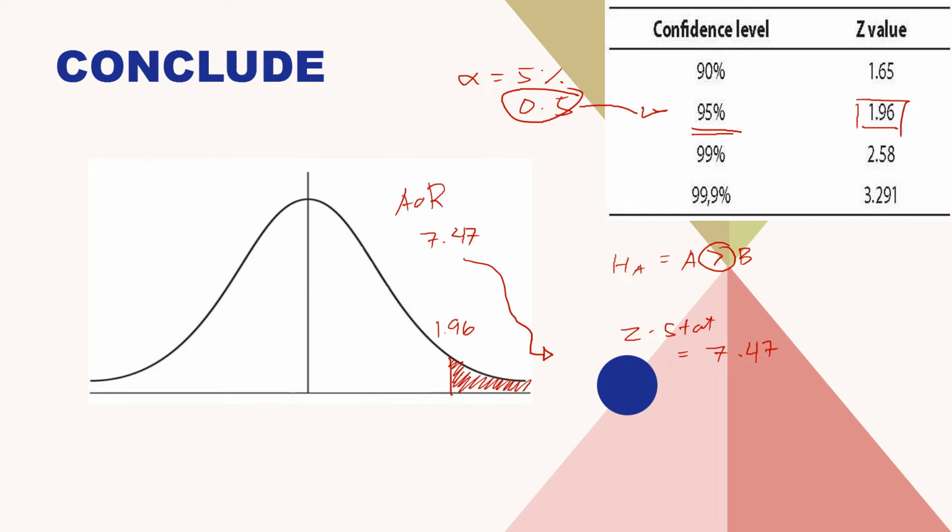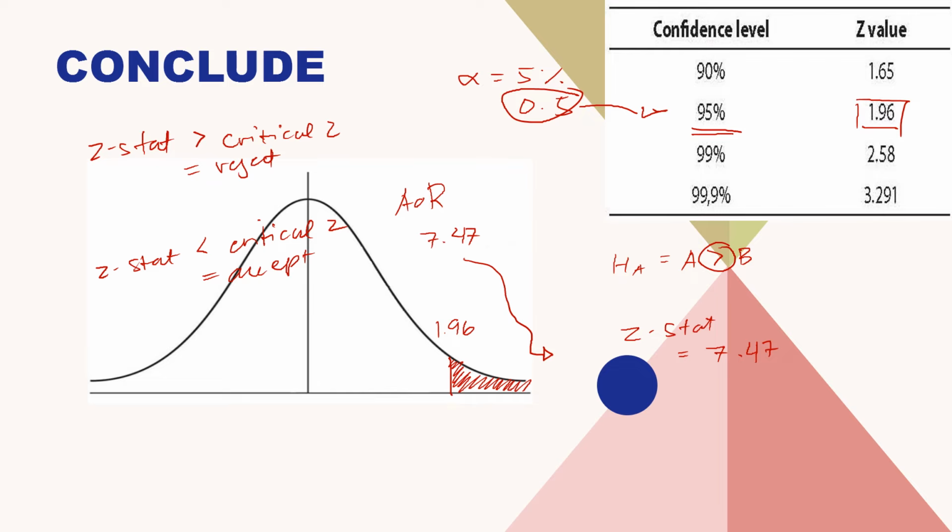Remember that when you're doing conclusions, if your computed z-stat is greater than your critical z, then reject. If your z-stat is less than your critical z, then accept.